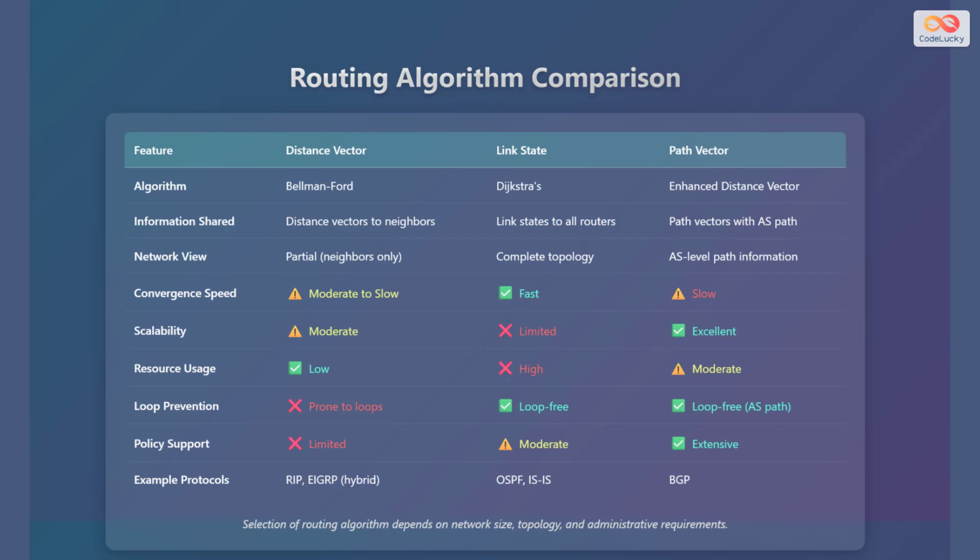Distance vector has limited policy support, link state has moderate policy support, and path vector has extensive policy support. Examples of distance vector protocols are RIP and EIGRP, examples of link state protocols are OSPF and ISIS, and the primary example of a path vector protocol is BGP. The choice of routing algorithm depends on the network size, topology, and administrative requirements.